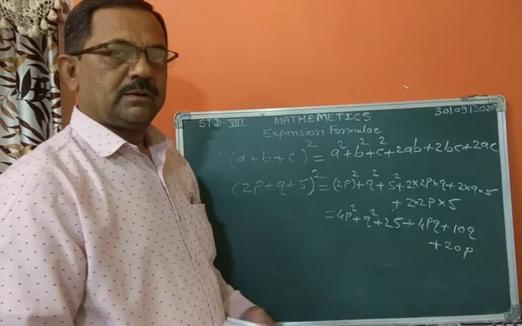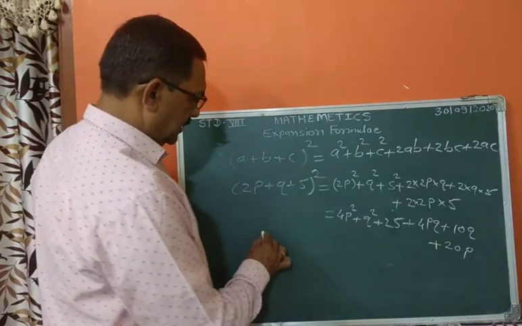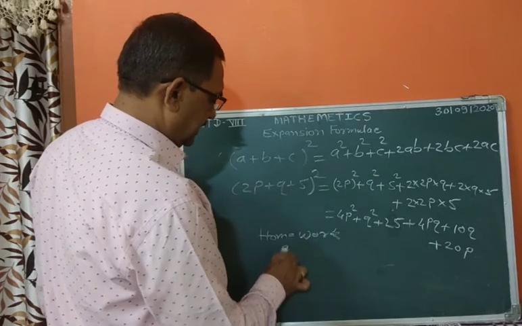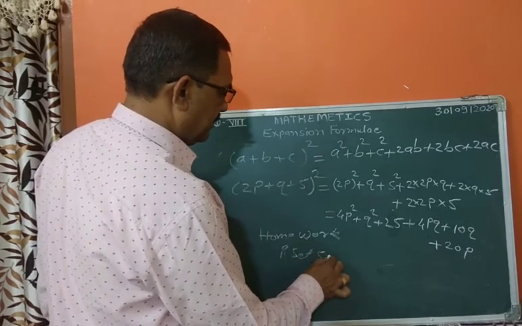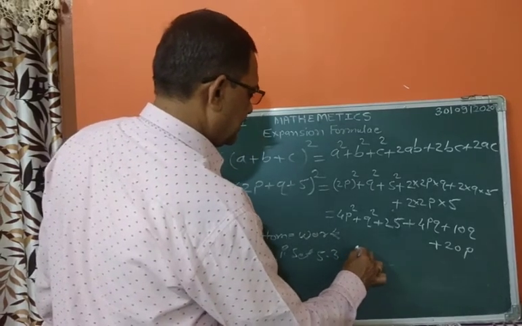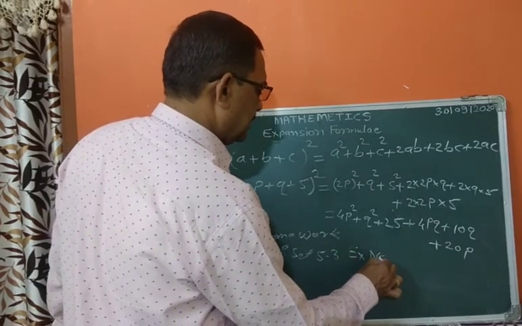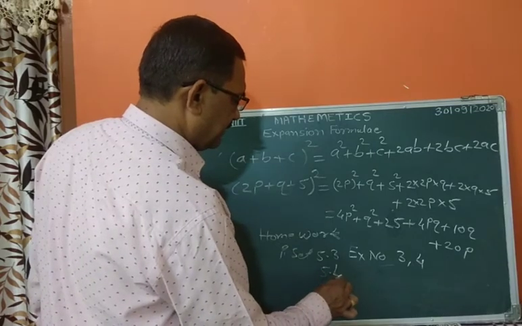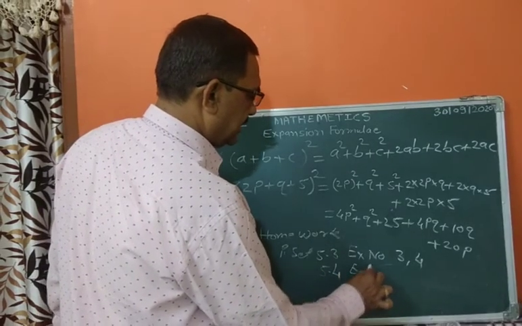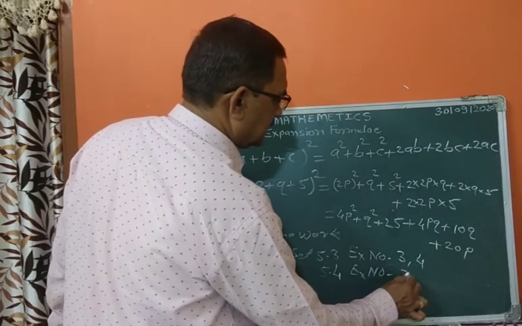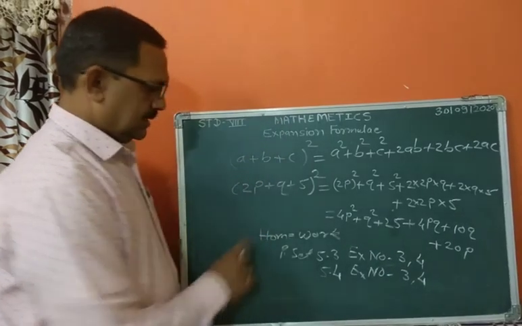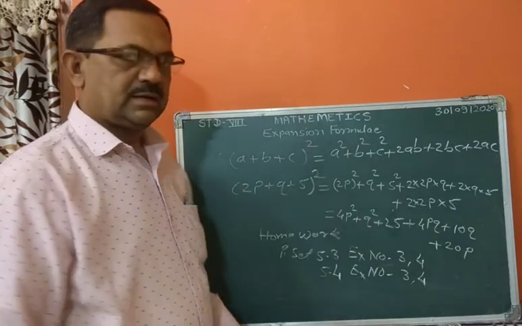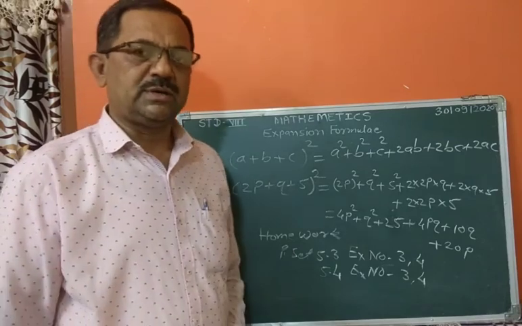Then homework for you: you have to solve practice set 5.3, examples number 3 and 4, and practice set 5.4, examples number 3 and 4 also. Write these 4 examples in your homework, and remember all these 4 expansion formulas.